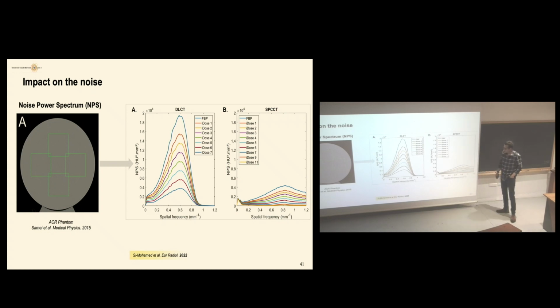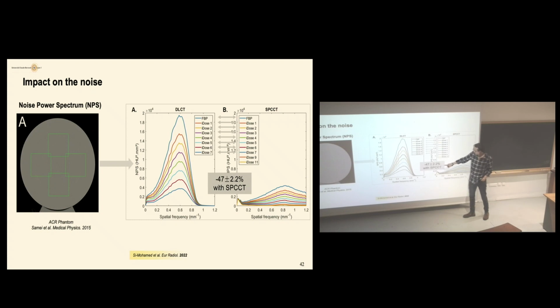So what you can see first is that with the same reconstruction parameters, let's take FBP, filtered back projection, which is the linear and the stationary algorithm of reconstruction here. So you see that first you decrease, really importantly, the noise using spectral photon counting CT. So this is the first point. You decrease the noise by more than 40% when you take all the reconstruction parameters.